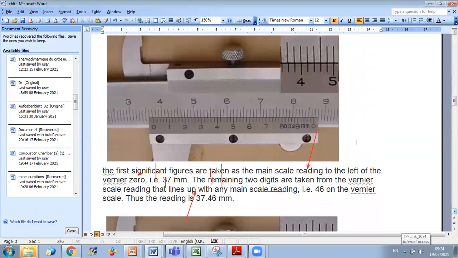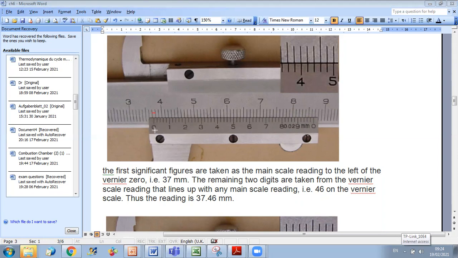Let us see here, for example, how to read this value. So here it's a little bit more complicated because the vernier scale is divided into a higher number of divisions. So all you have to do is to say, I am dividing 1 millimeter into how many divisions?